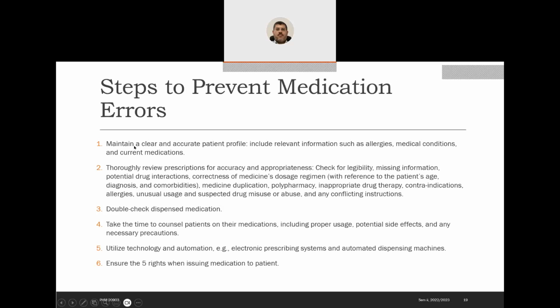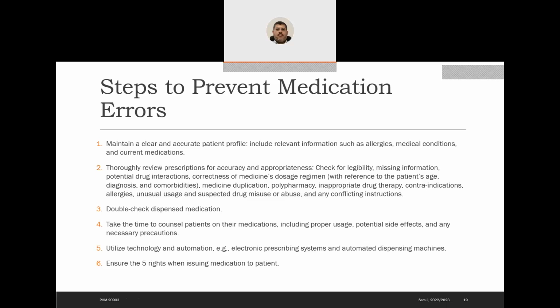How to prevent medication errors? We should maintain clear and accurate patient profiles. In countries where there are patient profiles that can be accessed by the pharmacist, having a clear and accurate patient profile with relevant information such as allergies, medications currently used by the patient, and the medical conditions he's suffering from can help us screen any prescription and see if there is any interaction with the current medications, if there are any allergies to the medication we just received in the prescription.